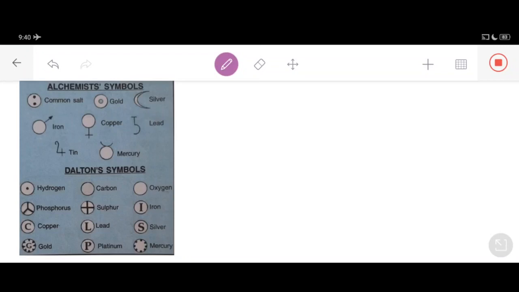We are continuing the topic that is symbols of elements. Let me recapitulate what we discussed in the last video lecture, dear students. I told you that presently we have 118 elements known as far as our periodic table is concerned, and every single element is represented by its respective symbol.